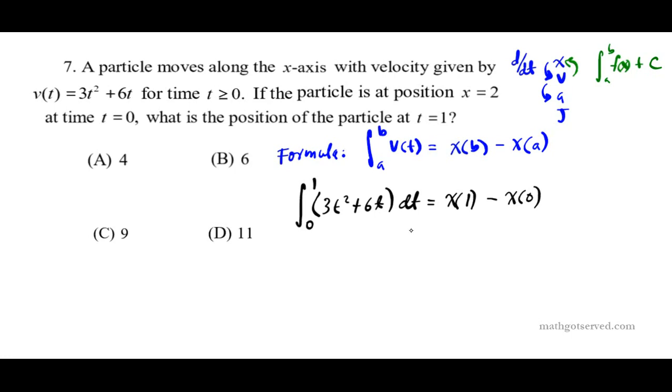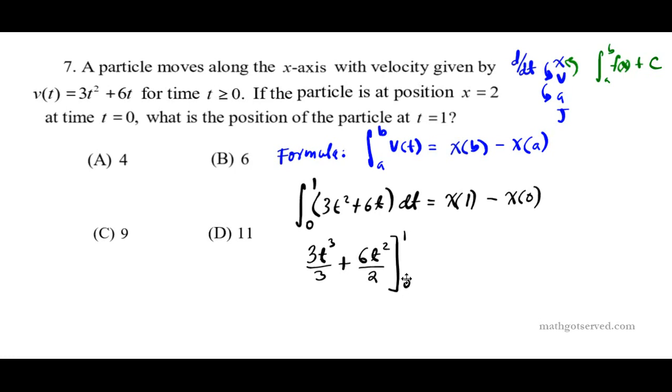Let's integrate the velocity to get 3t to the third over 3. What I'm using here is the power property for integrals. So if you find that antiderivative, you have 3t to the third over 3 plus 6t squared over 2, evaluated from 0 to 1.